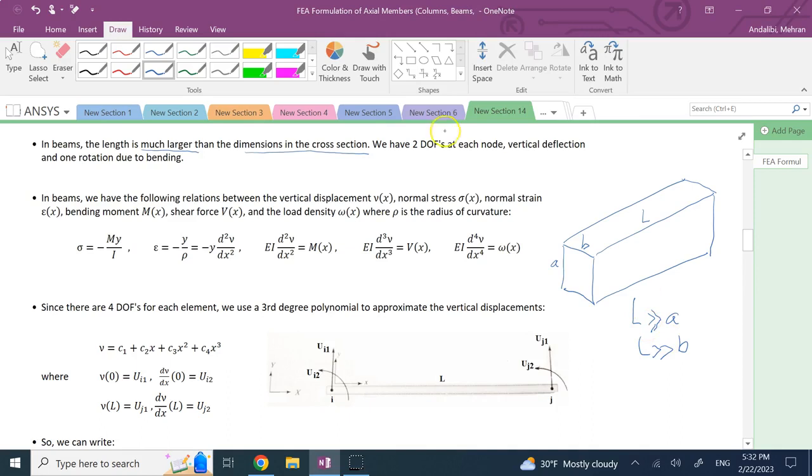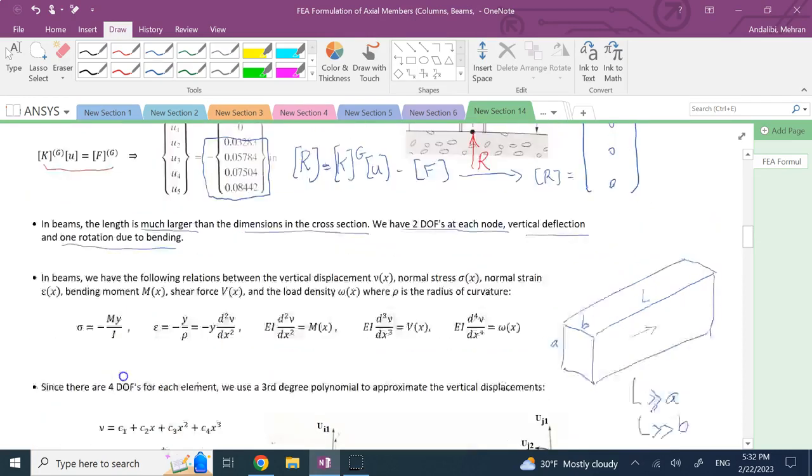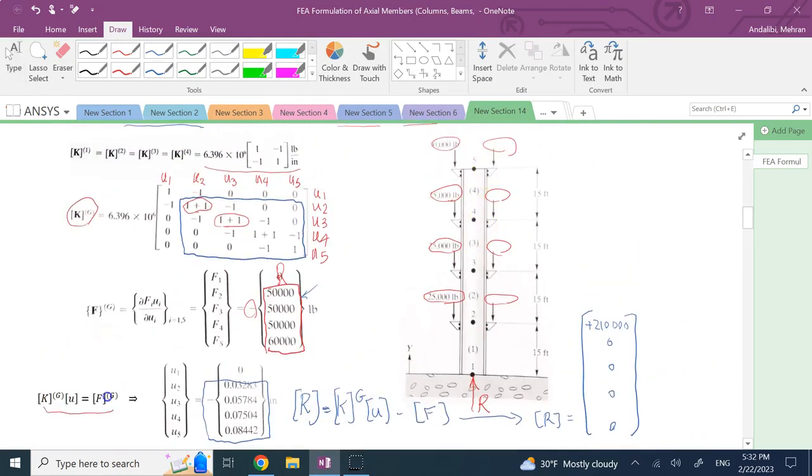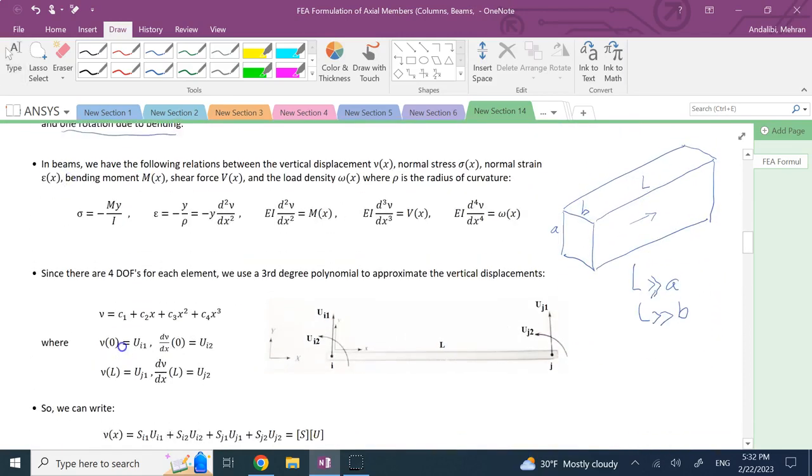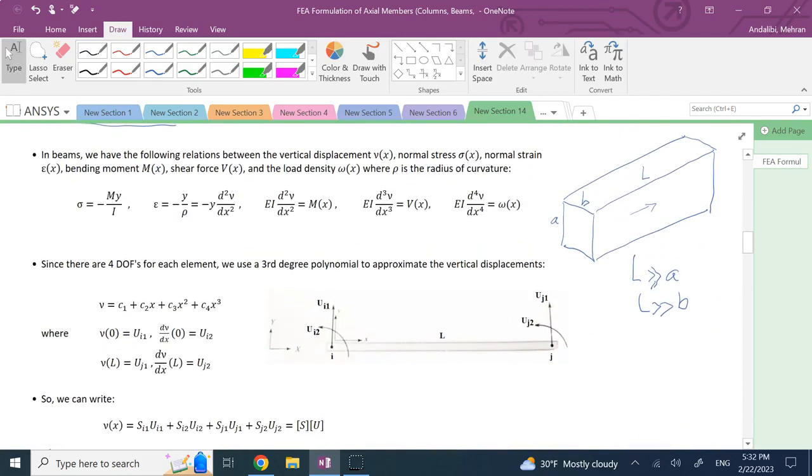Okay, and for beams here we assume 2 degrees of freedom at each node, 1 vertical deflection and 1 rotation. And you might say, what about the axial displacement like you had for the column? And you might say, in my solid mechanics class, when I basically studied the beam, I did plots for axial loads, I did plots for shear force, and I did plot for the bending moment.